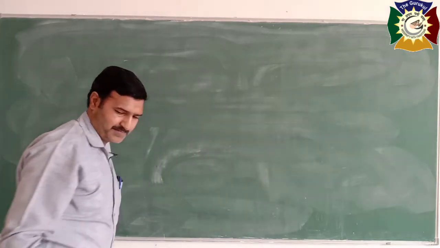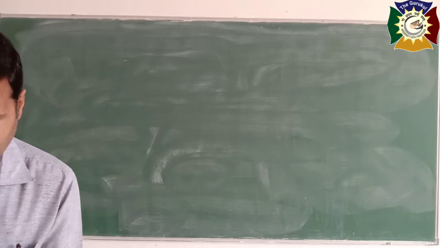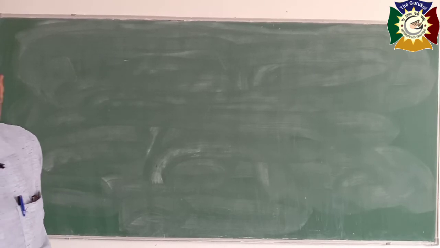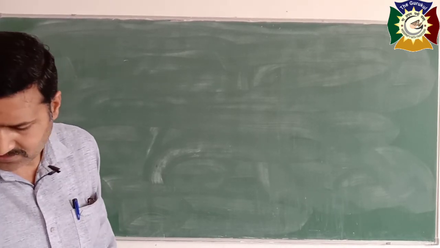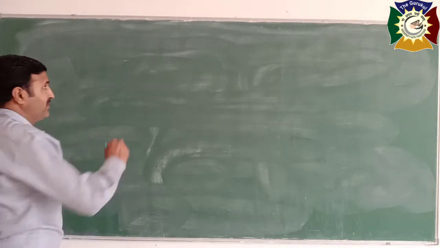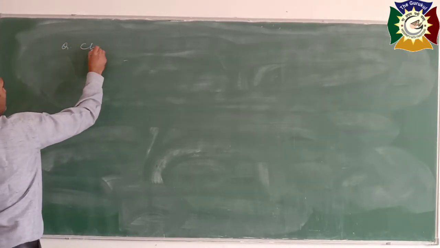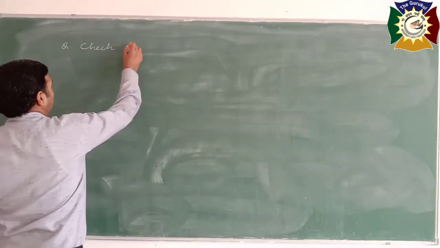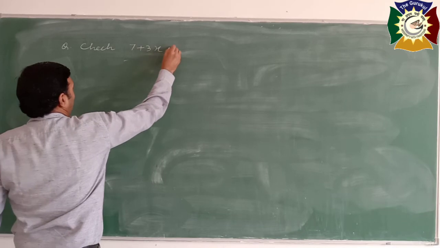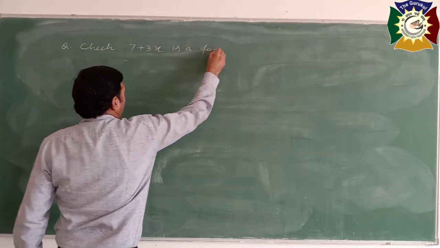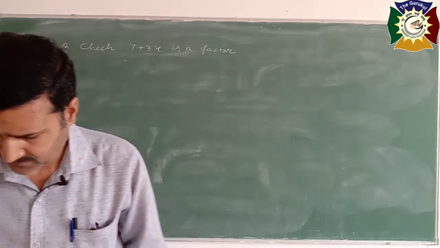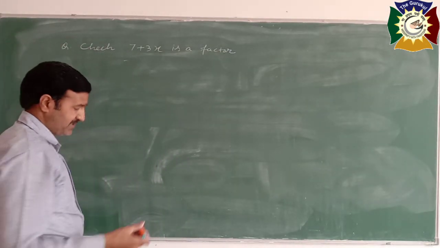As I discussed, if we get the remainder 0, then we can say the linear polynomial is a factor of the given polynomial, otherwise no. Question is, check whether 7 plus 3x is a factor of 3x cube plus 7x.